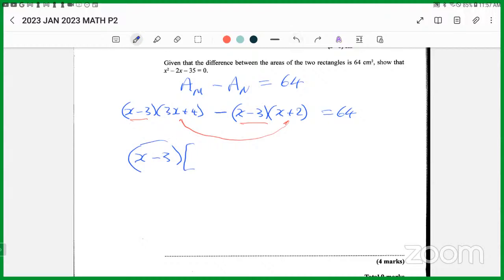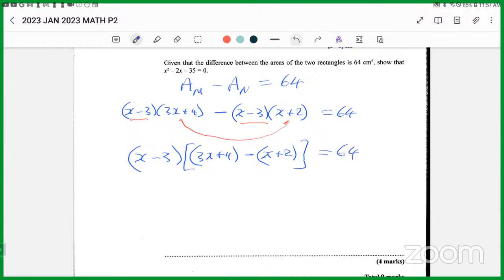If I factorize x minus 3 from the first, I'm left with 3x plus 4 inside the bracket. From the second, I'm left with minus x plus 2 in the bracket. And that is all equal to 64.